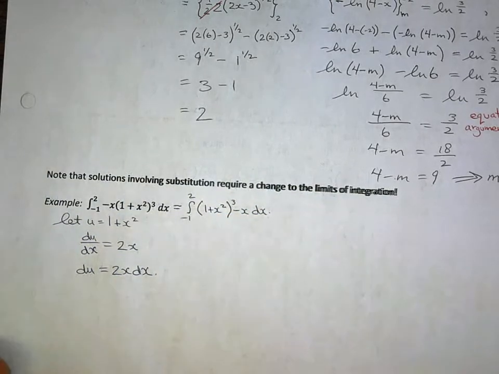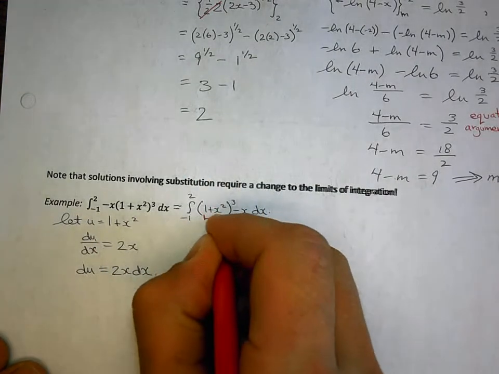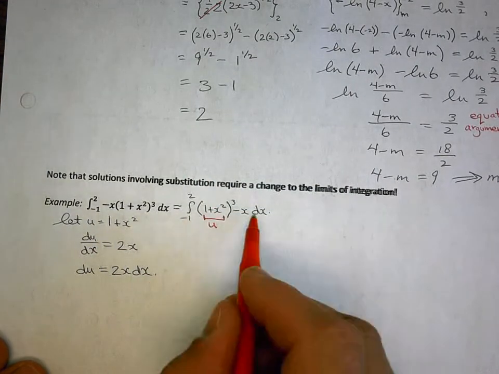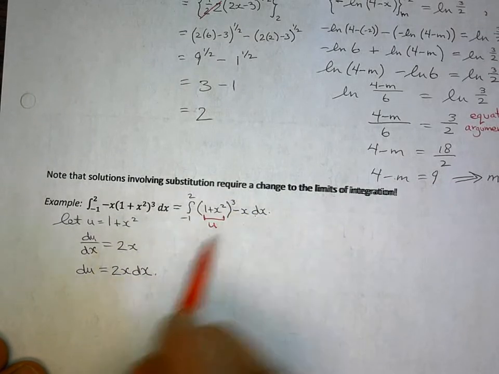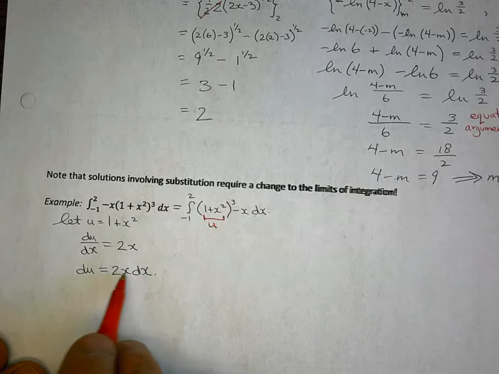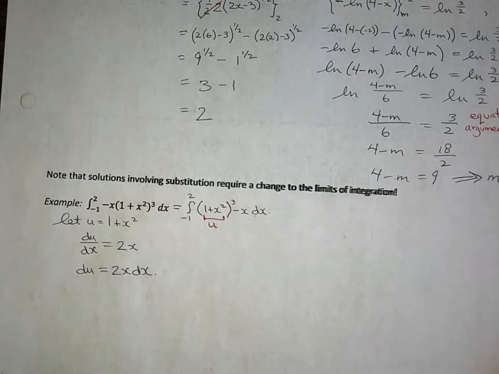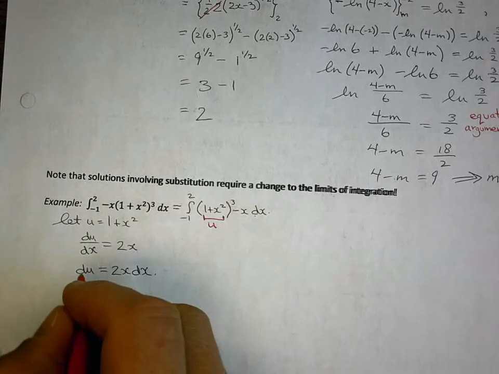Now let's start doing some replacements. This thing here, we just decided that was u, but we have to get rid of this negative x dx. Here we have x dx, but we can't replace it with du, we have to get it to be a perfect match. So I'm going to divide both sides by 2.